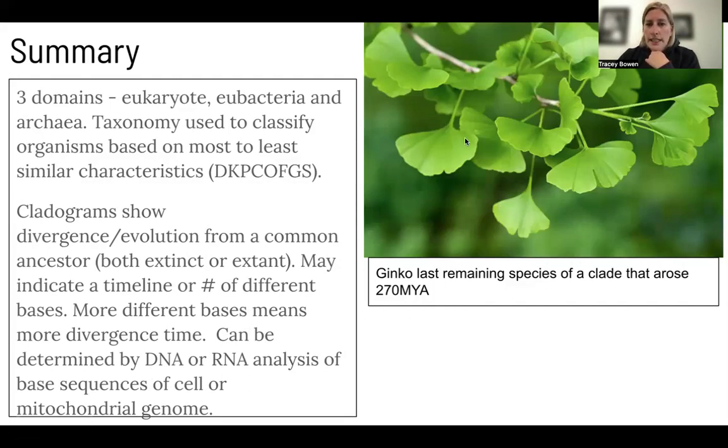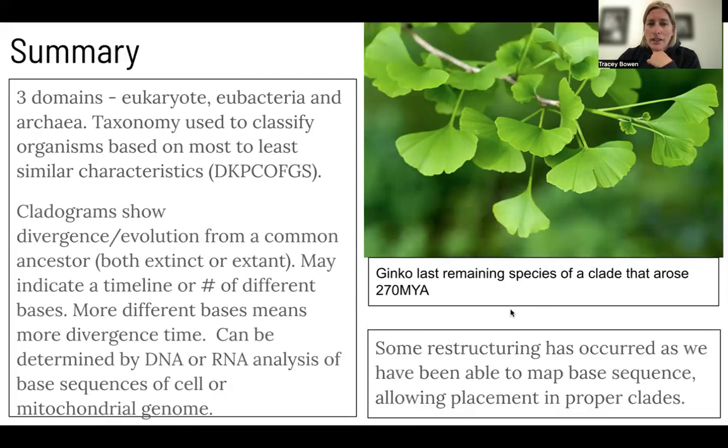Like this is a ginkgo plant, and it's the last remaining species of a clade that arose 270 million years ago. So they just are almost all gone now. And some restructuring has happened as we have been able to map base sequences using DNA so that we can allow for proper placement of organisms in their correct clades.